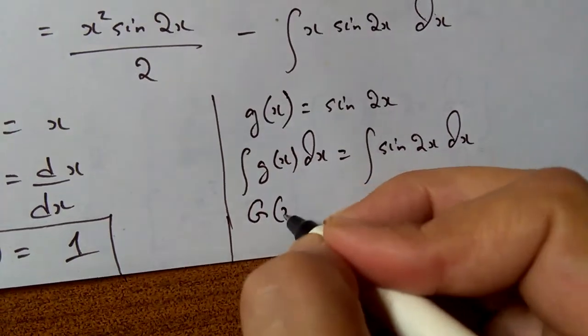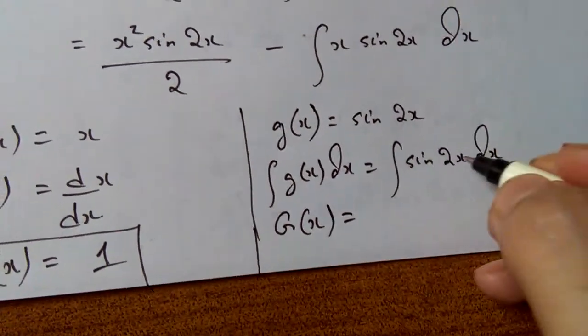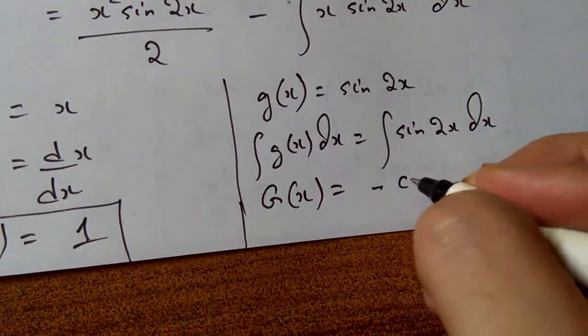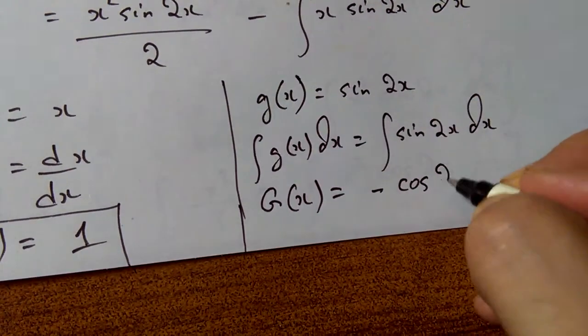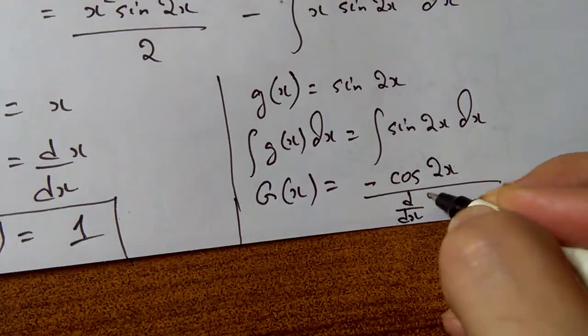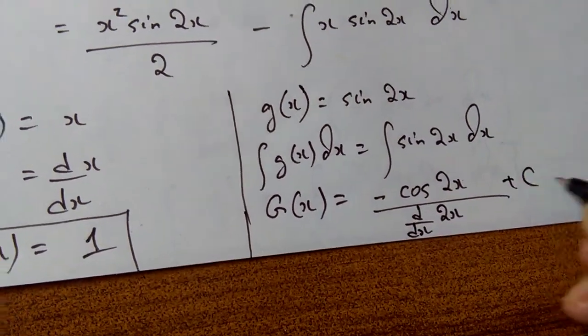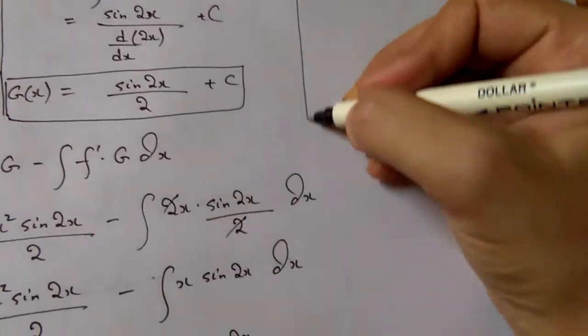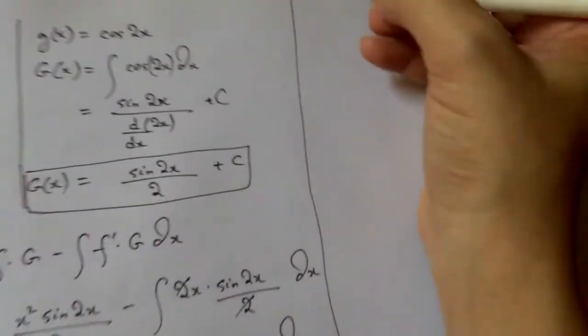it is going to be your g of x, and the integral of sine is negative cosine of this angle upon the derivative of the angle plus some constant. So let us make a column here.